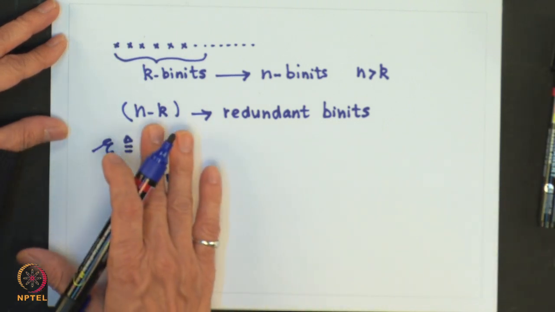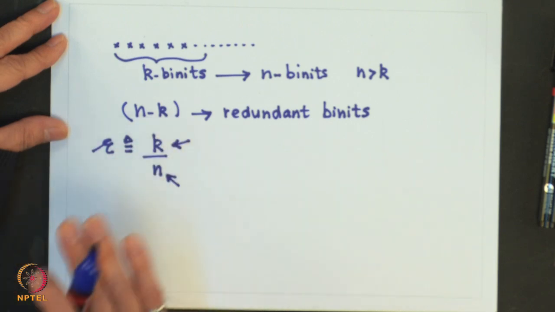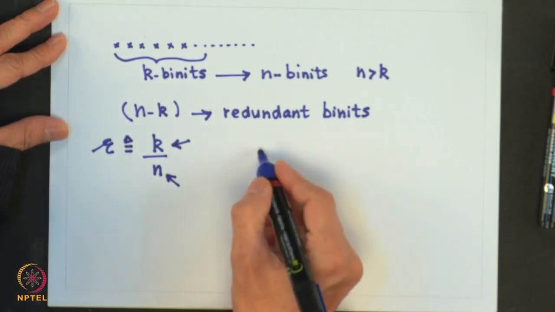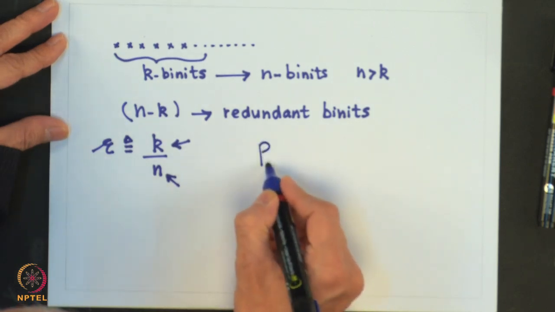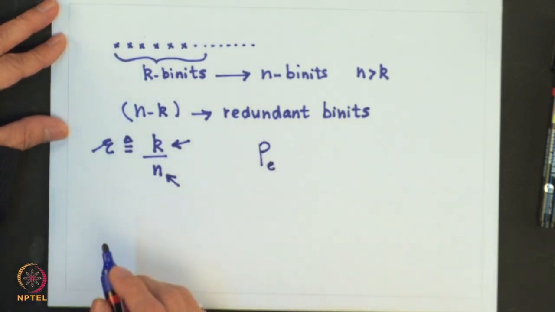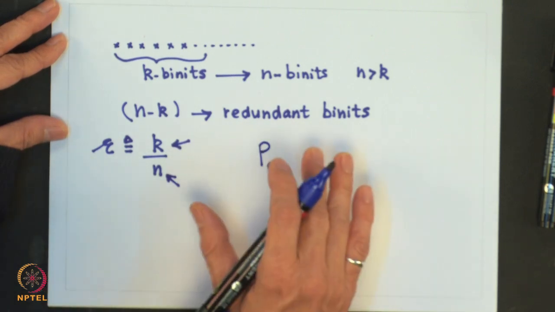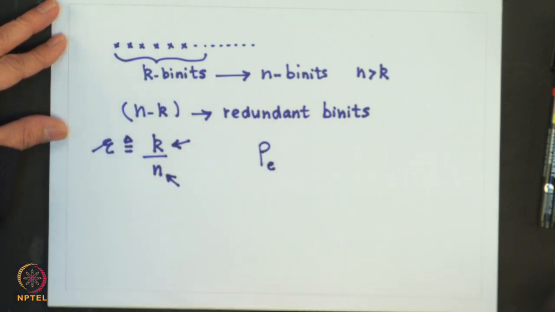Now, the accurate reconstruction of the original source sequence at the destination requires that the average probability of symbol error be as low as possible. In a practical scenario, I would like to make it arbitrarily small.